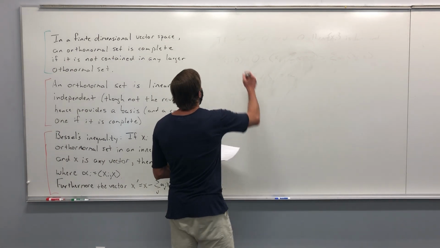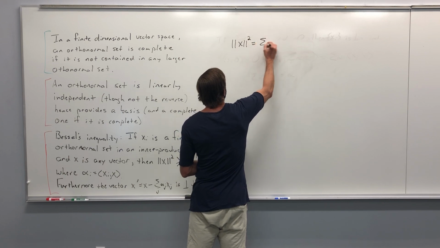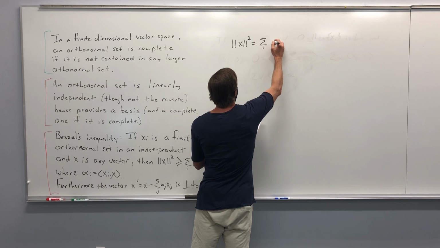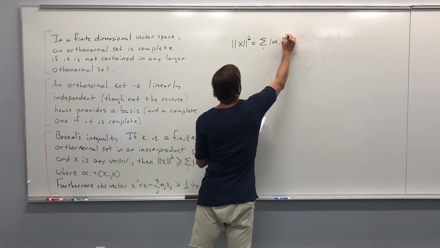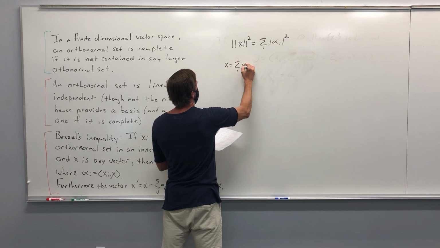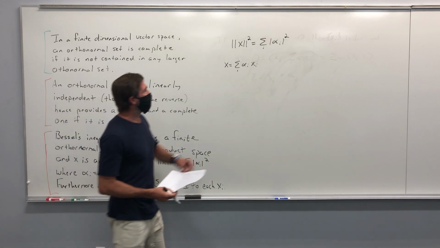Okay, wait a minute. Now, isn't this equal to the sum over alpha i squared? I mean, right? x is the sum over i alpha i xi. The xi are orthonormal.